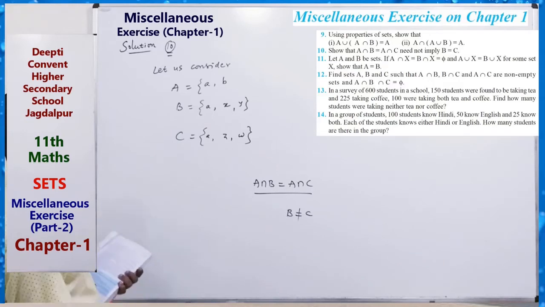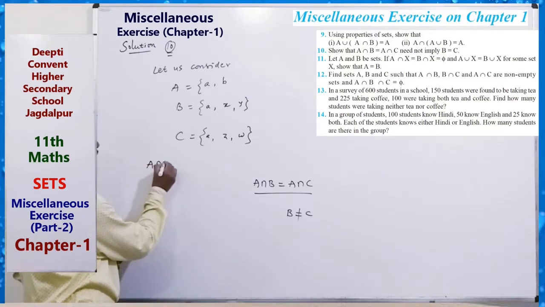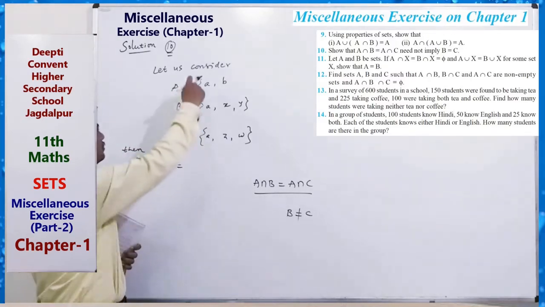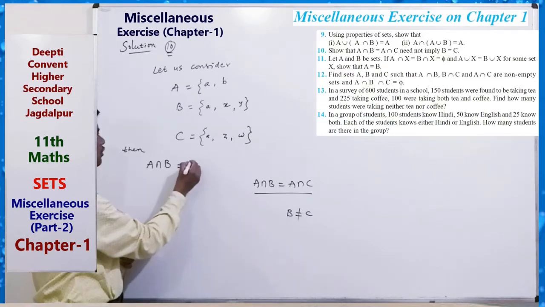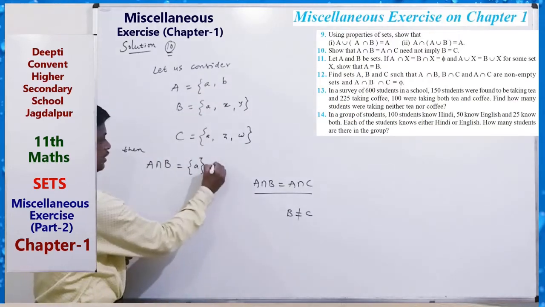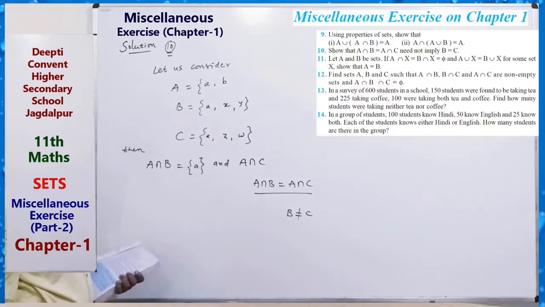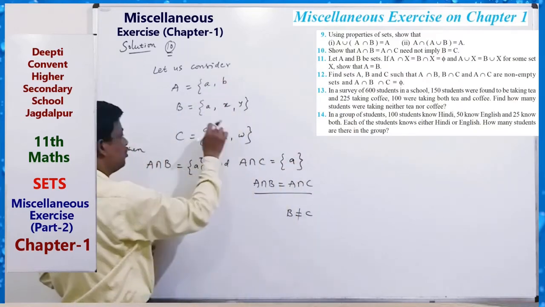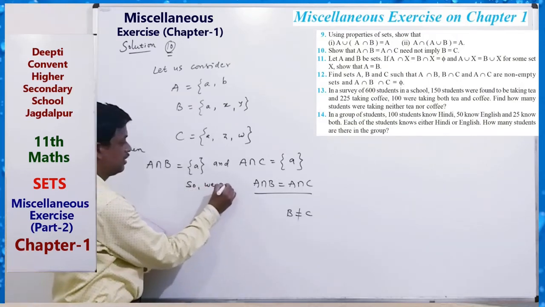Then here A intersection B equals A common, and A intersection C equals A common, so we get this.